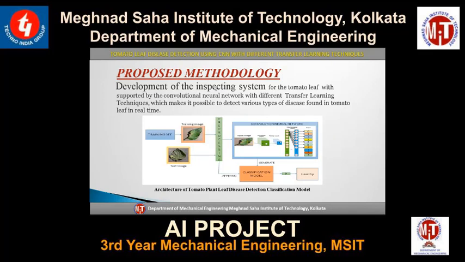Thank you, Arpan. So here we trained our CNN model with the dataset that we take from Kaggle as told by my teammate, and before training the model, we pre-process the image data to generate the classification model.